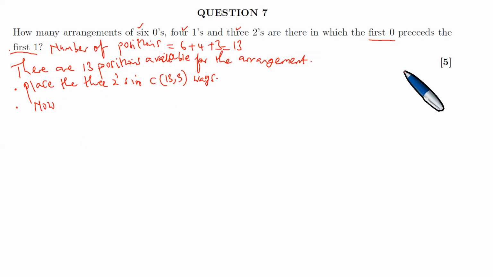Because the first 0 precedes the first 1, we put 0 in the first of the remaining positions.